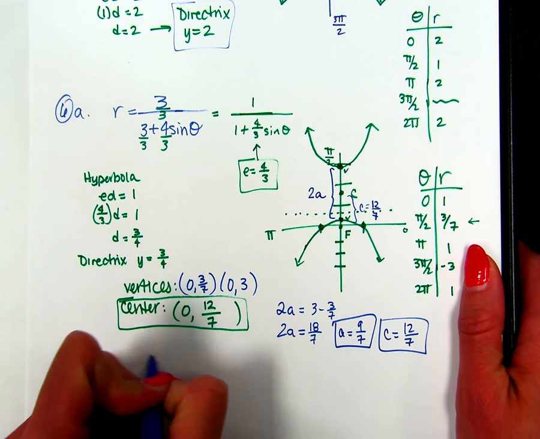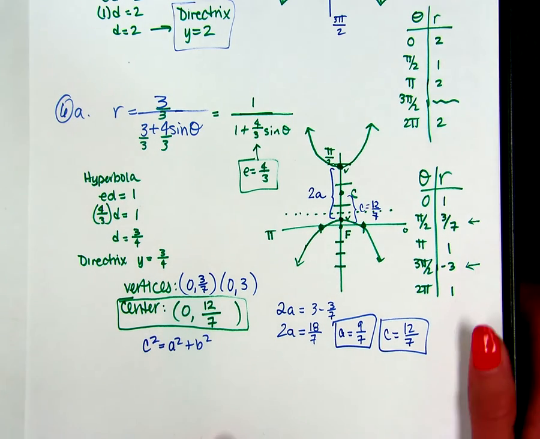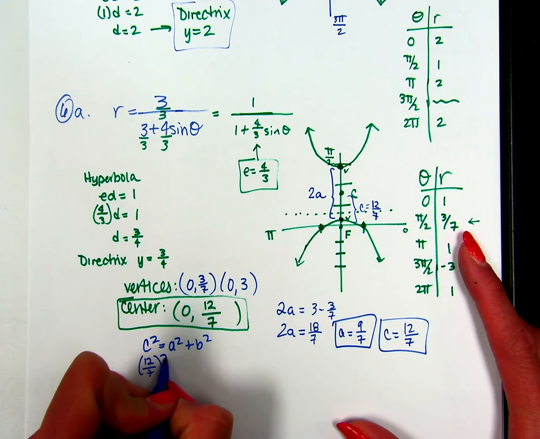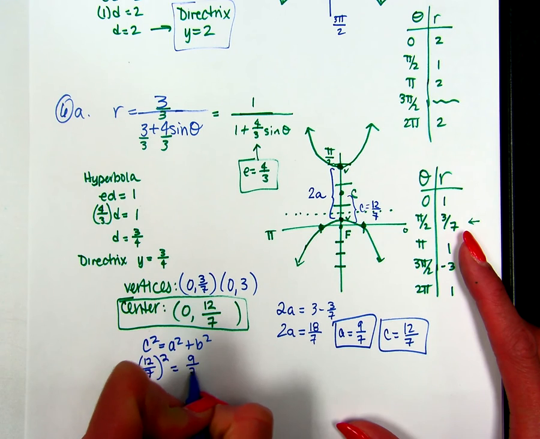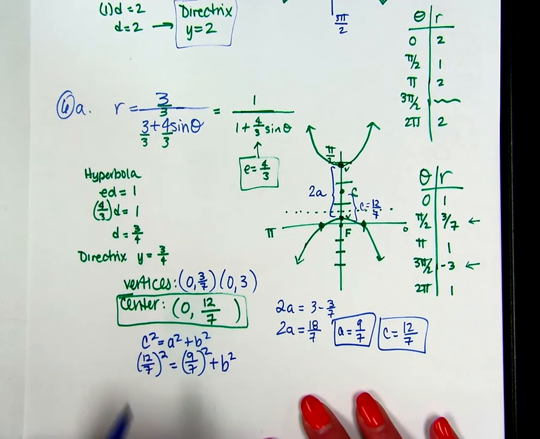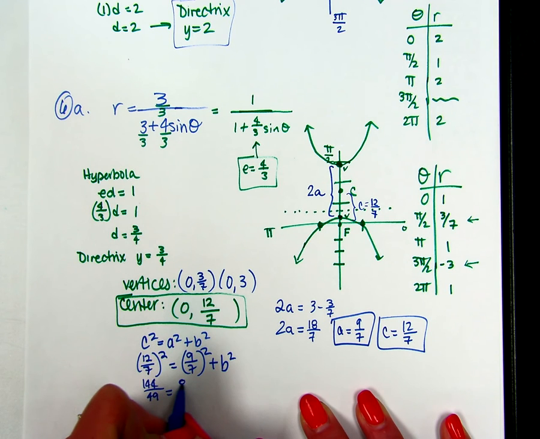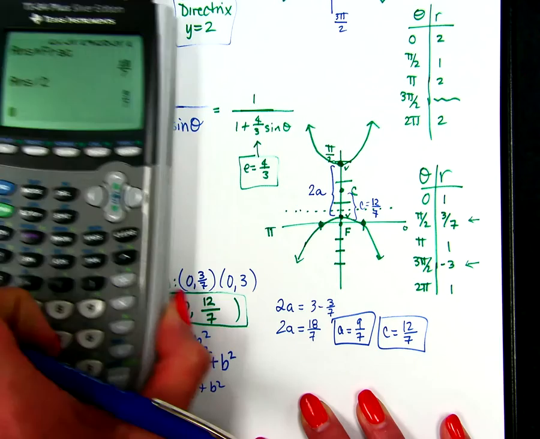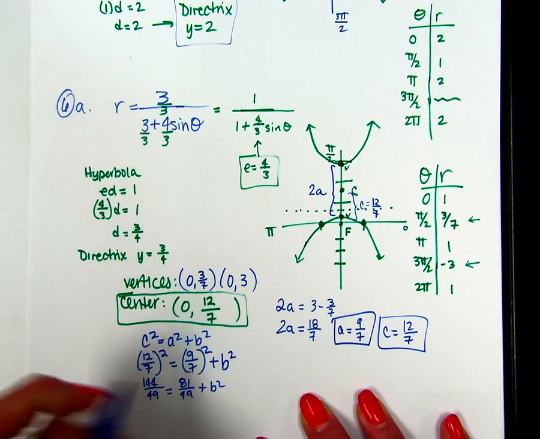And then for a hyperbola, you use basically the Pythagorean theorem to figure out what is B. So we have 12/7 squared equals 9/7 squared plus B squared. All right, so if we solve that, we're going to get 144/49 equals 81/49 plus B squared. So 144 minus 81 gives me 63.